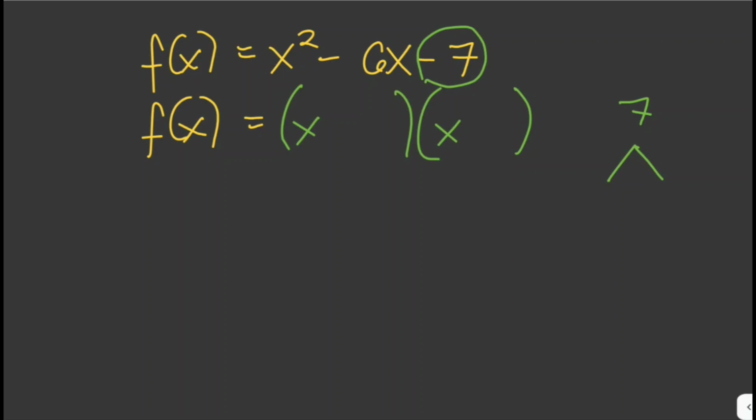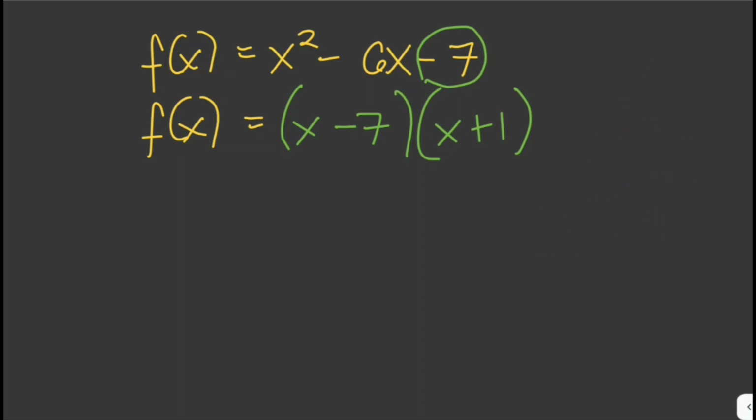Since the middle term is negative, the larger number should be negative. So we can use negative 7 and 1, because negative 7 times 1 is negative 7, and negative 7 plus 1 is negative 6.